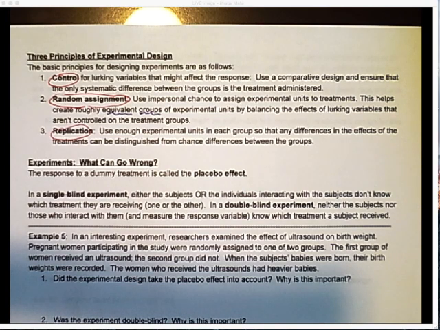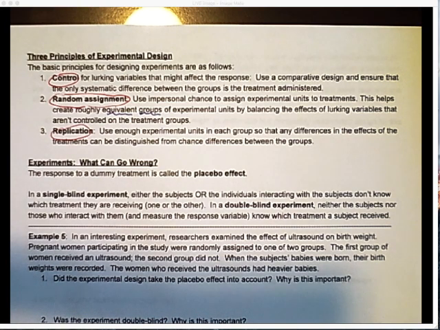Depending on the experiment, you might have some different races, so you want different races in each group. We want each group to be as alike as possible in some way. That way we can draw a comparison between the groups.